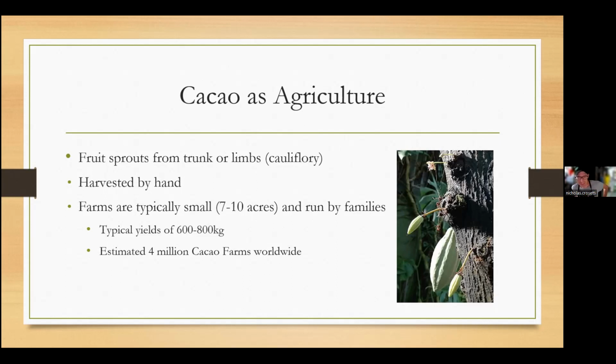Because of that, it's fairly difficult to harvest cacao, and it is primarily done by hand, just with a sharp curved knife to safely remove the fruit from the tree without damaging it. Typically, cacao is grown in small farms.